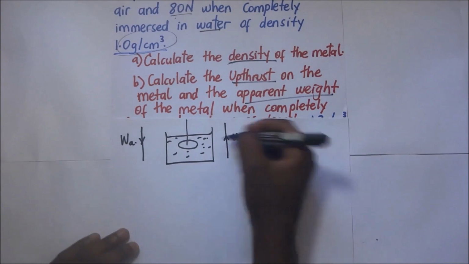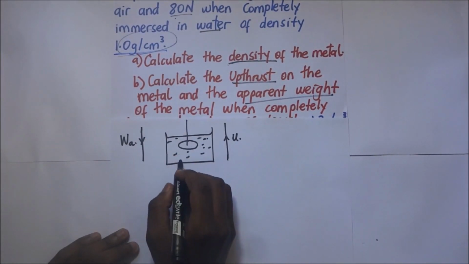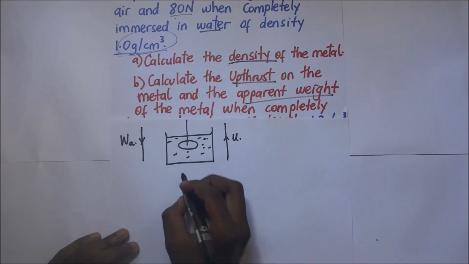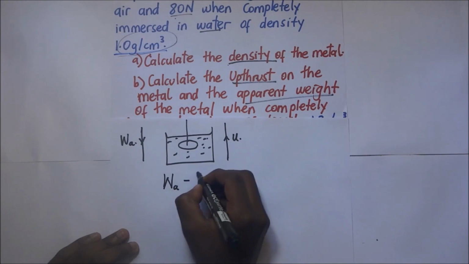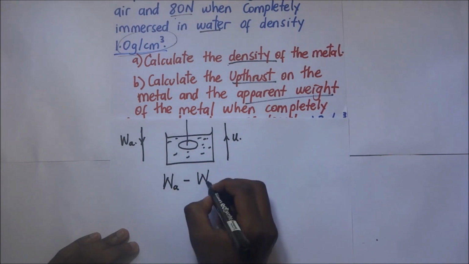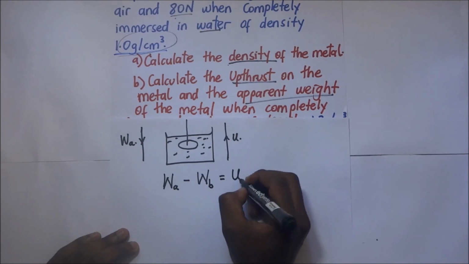So the weight in air minus its weight when it is in brine, when it's in the fluid, gives us the upthrust force.